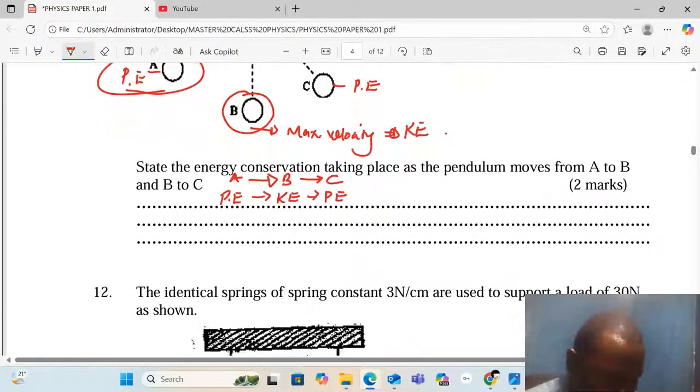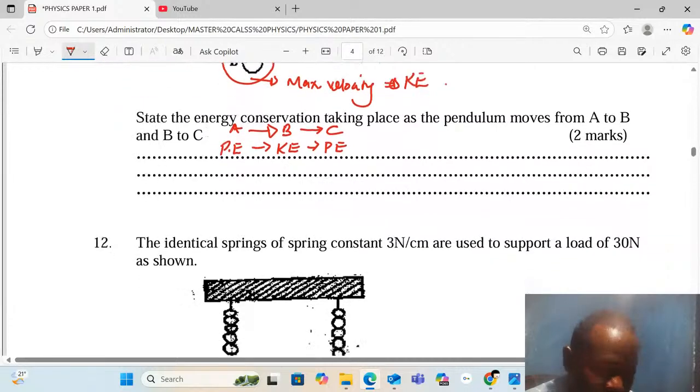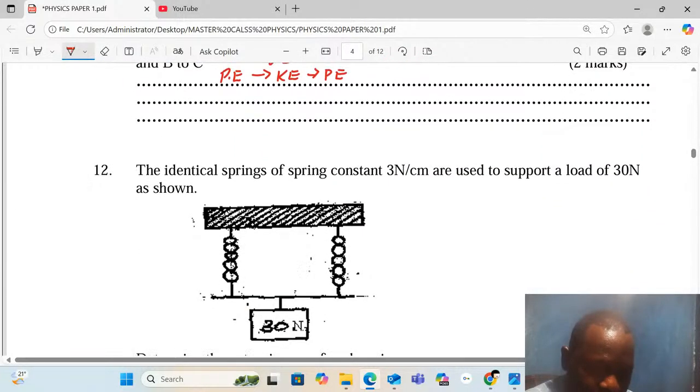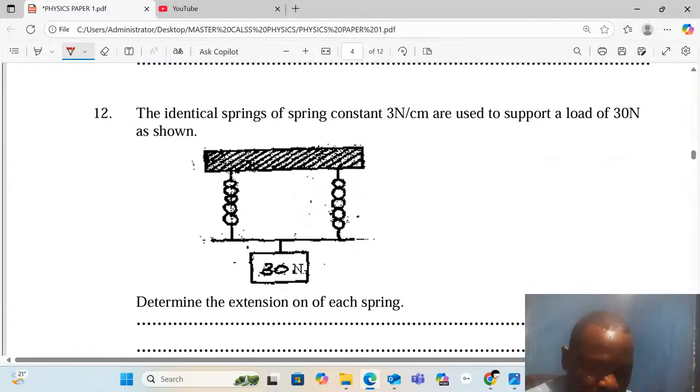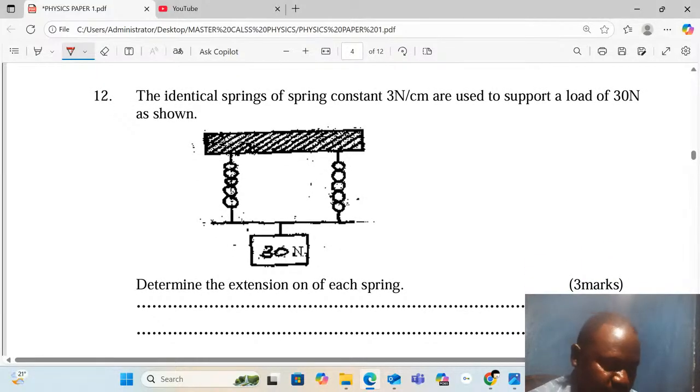Two identical springs of spring constant 3 Newton per centimeter are used to support a load of 30 newtons. Then you are told determine the extension of each spring. When you are having such an arrangement, the first thing is to calculate the combined spring constant.